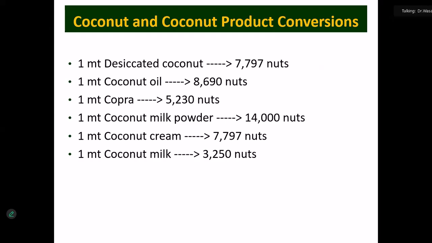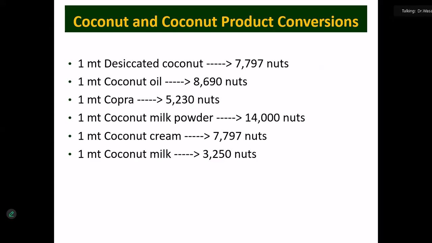Okay, what does this slide say? Coconut and coconut product conversion. Here you can see, to produce 1 metric ton of desiccated coconut.